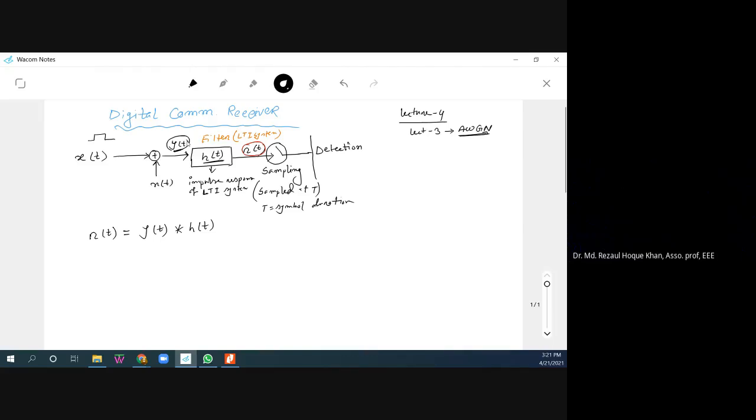Now the received signal r(t) is the output of this section. The input is y(t), it goes to the impulse response h(t), and the output is r(t). So r(t) will be the input y(t) and the impulse response h(t) convolved.